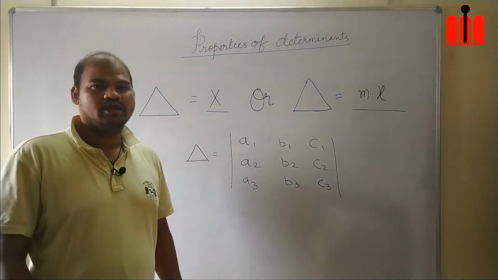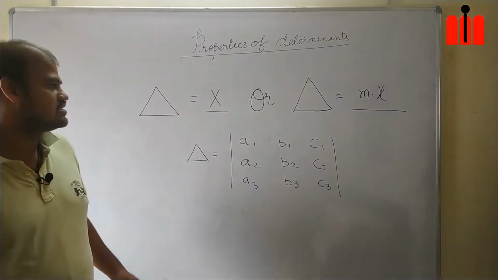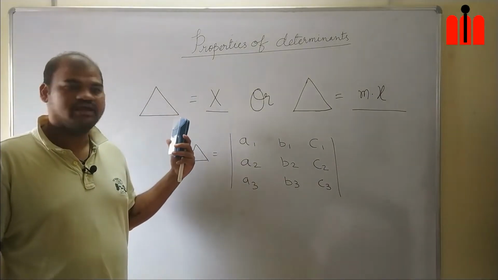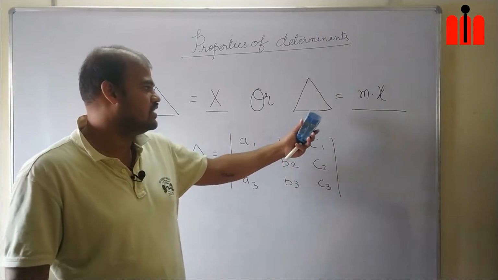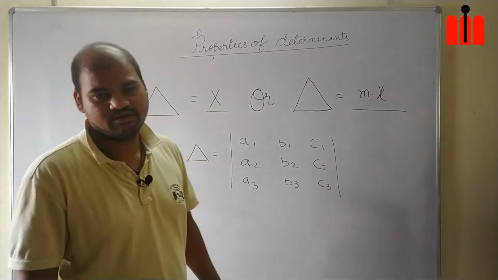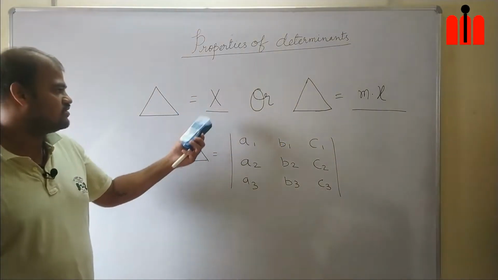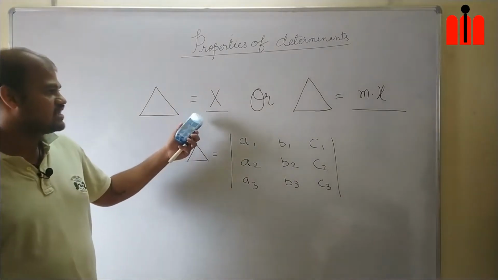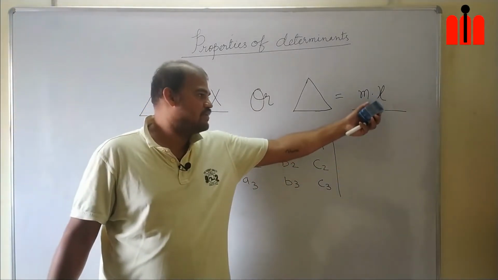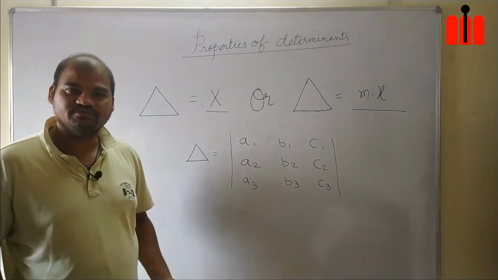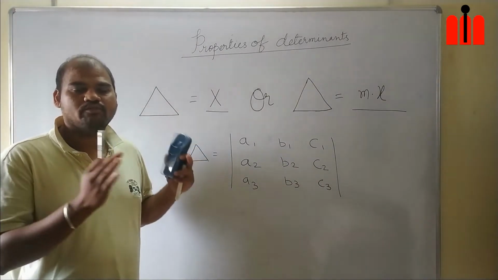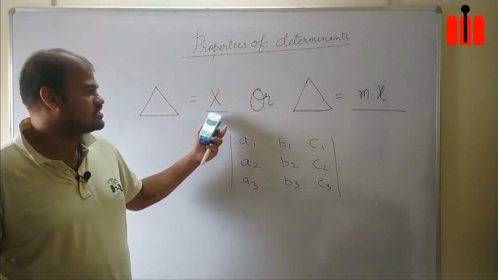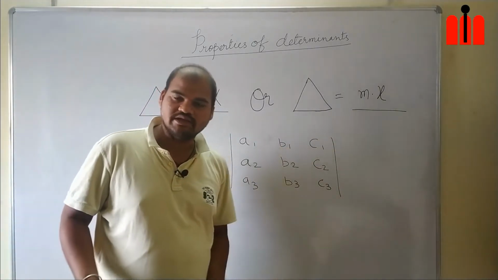The basic structure of the class is that it will be like del equal to something. That means del equal to, suppose, x. This x can be transformed to mx as well. How we will transform it will be covered in the properties. Each property will tell how we can write this x as mx.